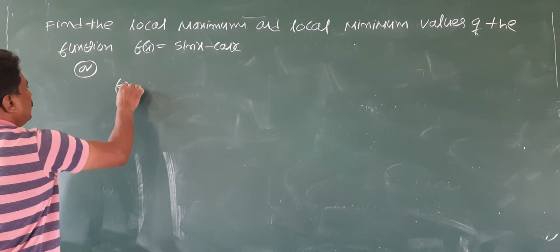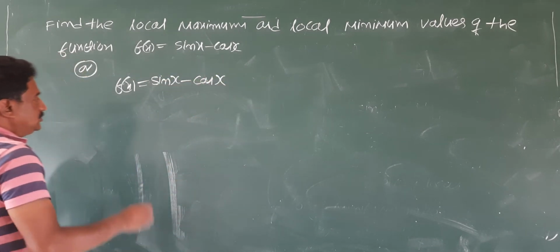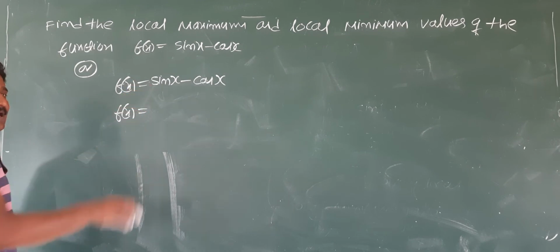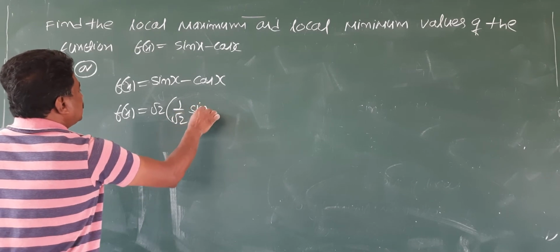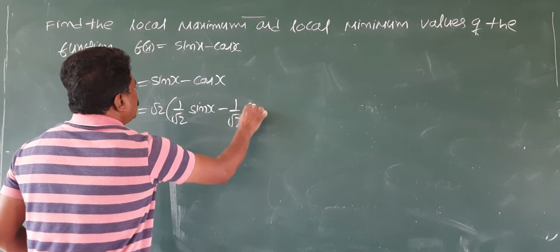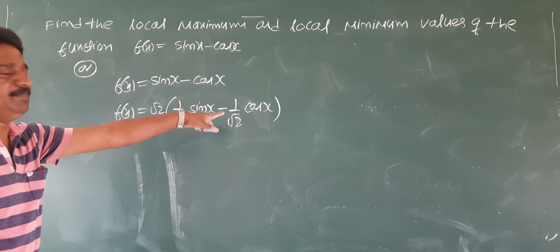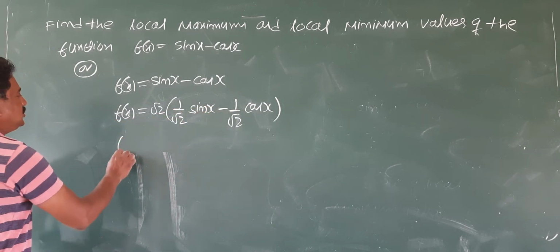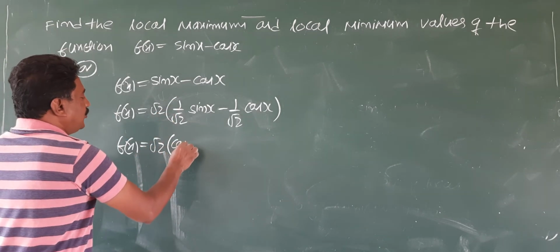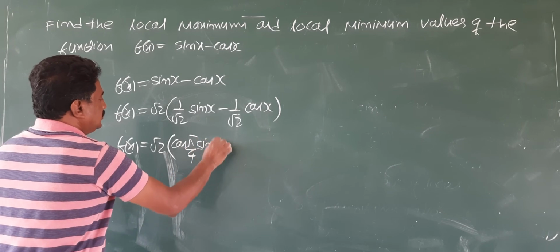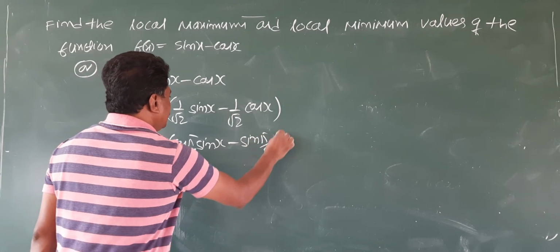Fx is equal to sin x minus cos x. So fx is equal to, multiply and divide by root 2. So root 2 into 1 by root 2 sin x minus 1 by root 2 cos x. So fx is equal to root 2. I write 1 by root 2 as cos pi by 4 sin x minus, I write 1 by root 2 as sin pi by 4 cos x.